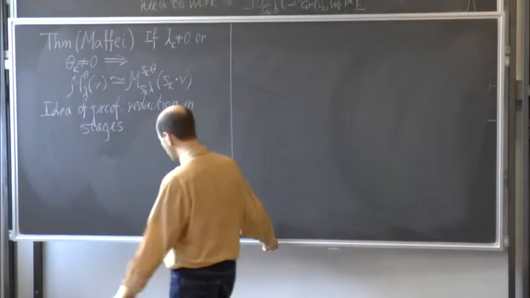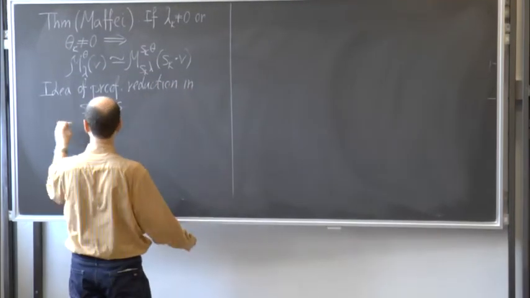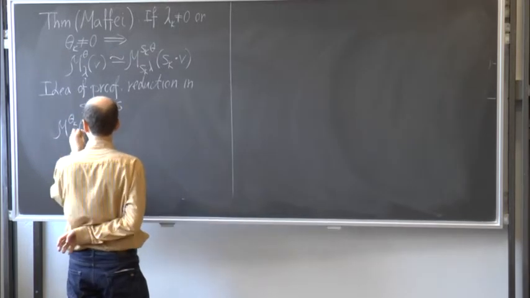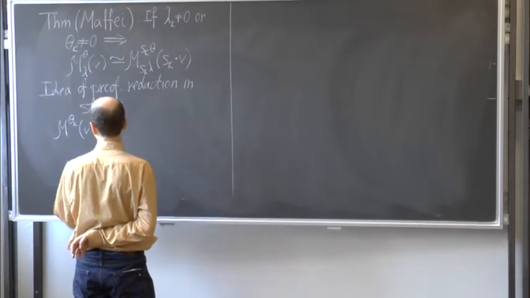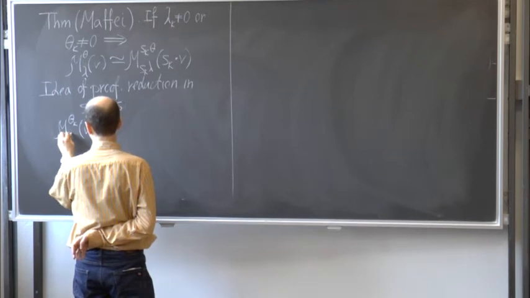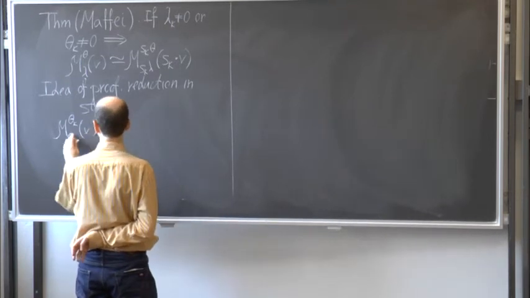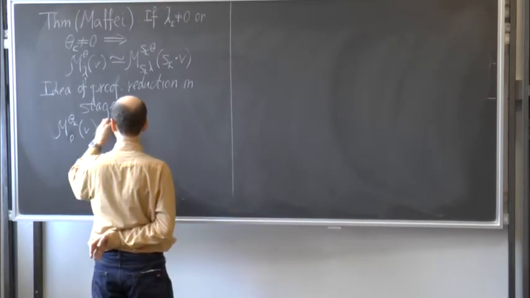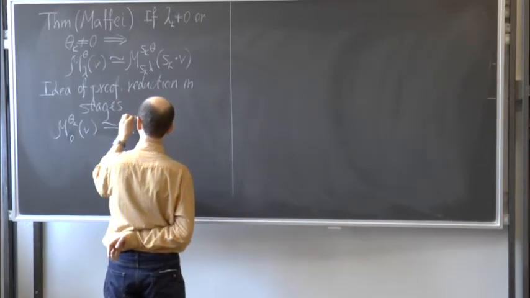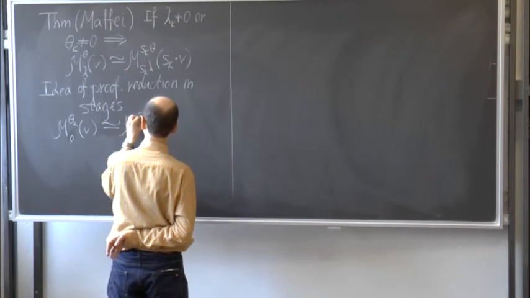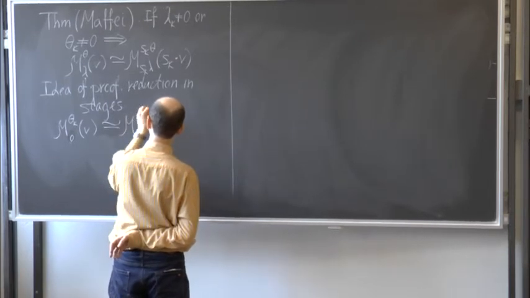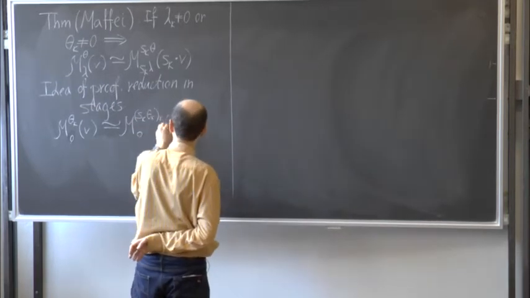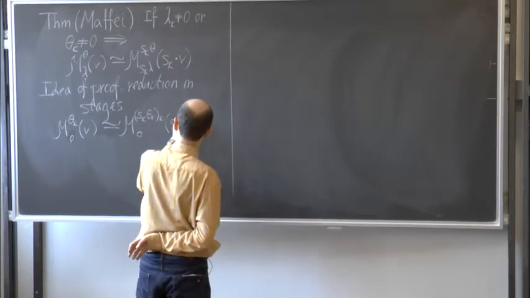So the reduction in stages tells us that M theta k v 0, well, okay, this we know for 0, is isomorphic to M sk theta k, which is just minus theta k, 0, sk dot v.